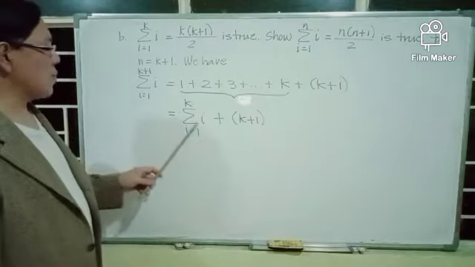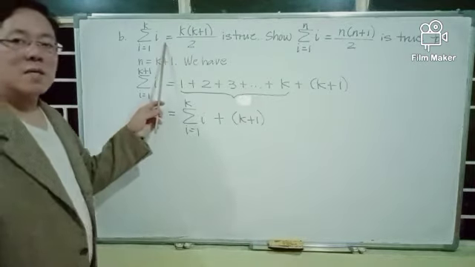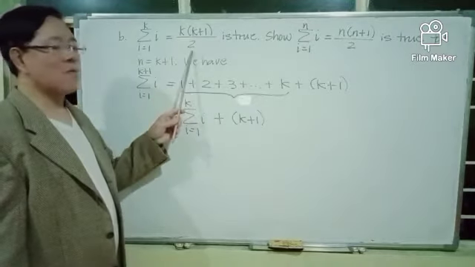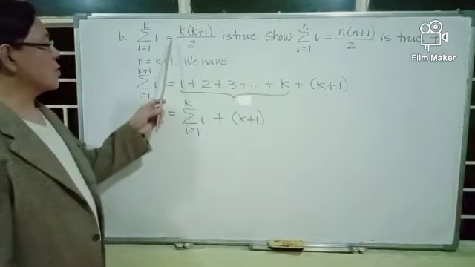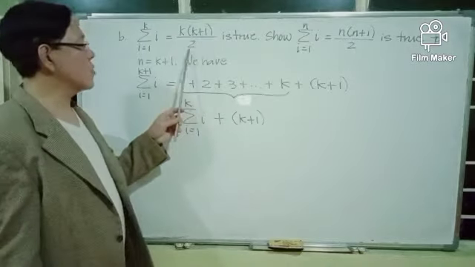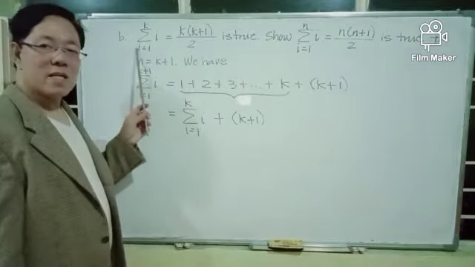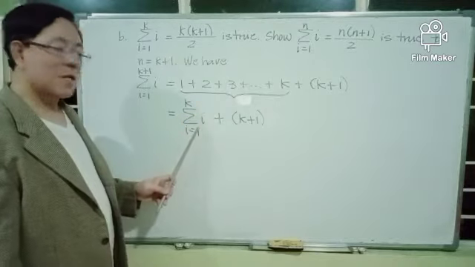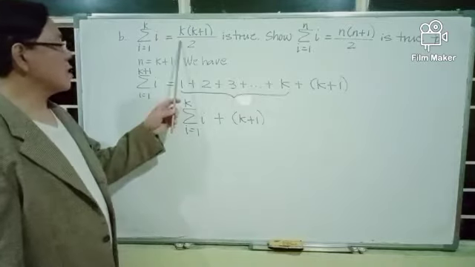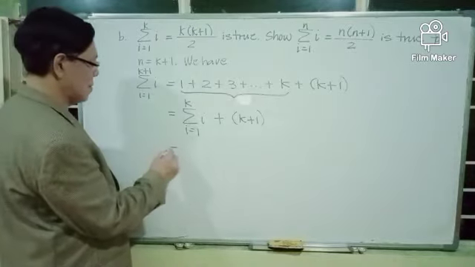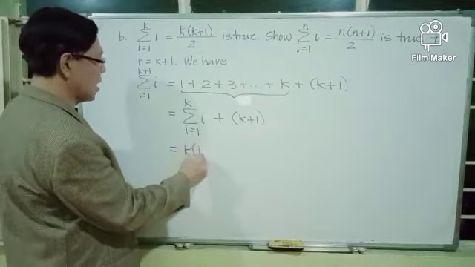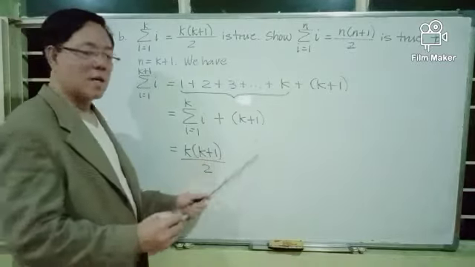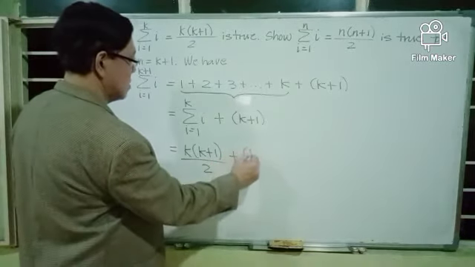But this summation of i for i is 1 to k, we take as equal to k times quantity k plus 1 over 2, because we take this equation as true. So the summation of i for i is 1 to k plus 1 is equal to k times quantity k plus 1 divided by 2, plus k plus 1.